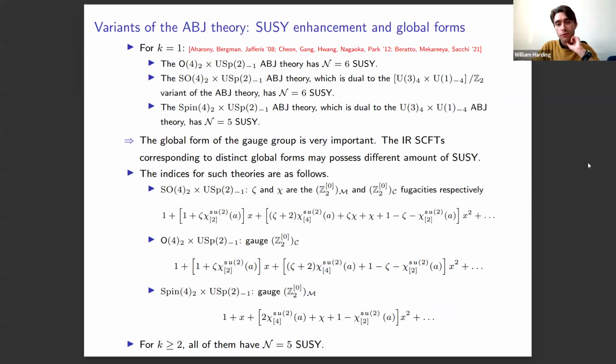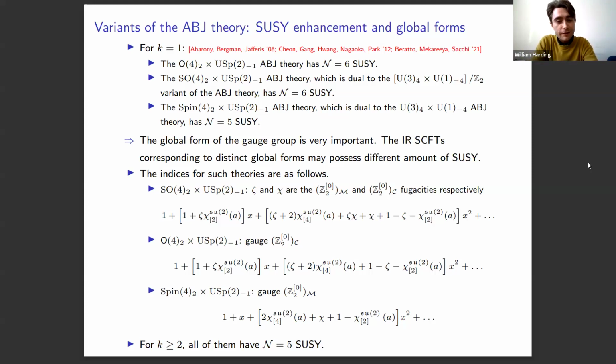In the special orthogonal case, we find N equal to 6 SUSY also, but in the spin case, we only find N equal to 5 SUSY. So, what is the lesson here? The lesson is that the global form of the gauge group is not a negligible part of the story. Indeed, the infrared CFTs corresponding to distinct global forms may possess different amounts of SUSY.